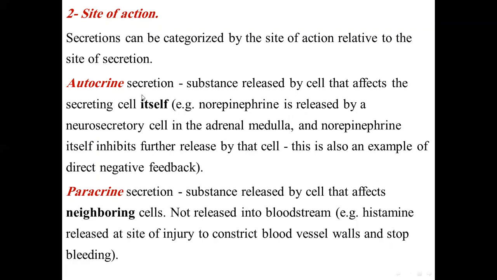So autocrine acts on the cell itself. Paracrine acts on neighboring, close cells and is not released into the bloodstream, like histamine, released at the site of injury to constrict blood vessel walls and stop bleeding. So histamine is an example of paracrine.